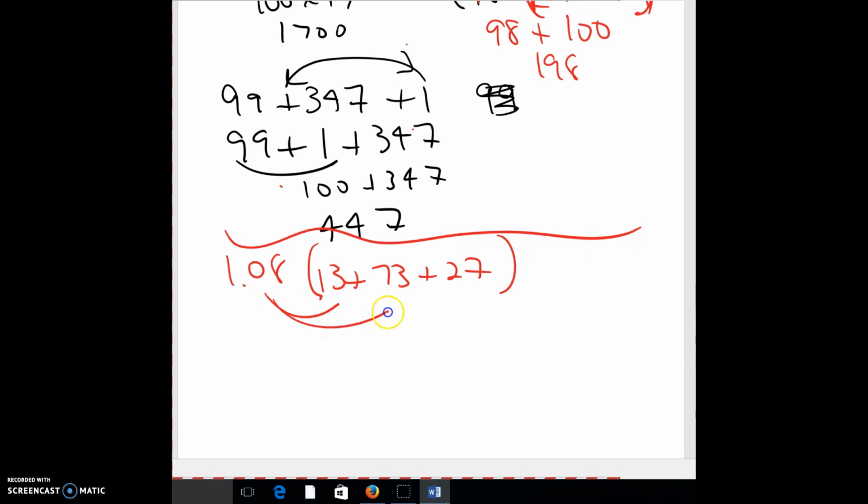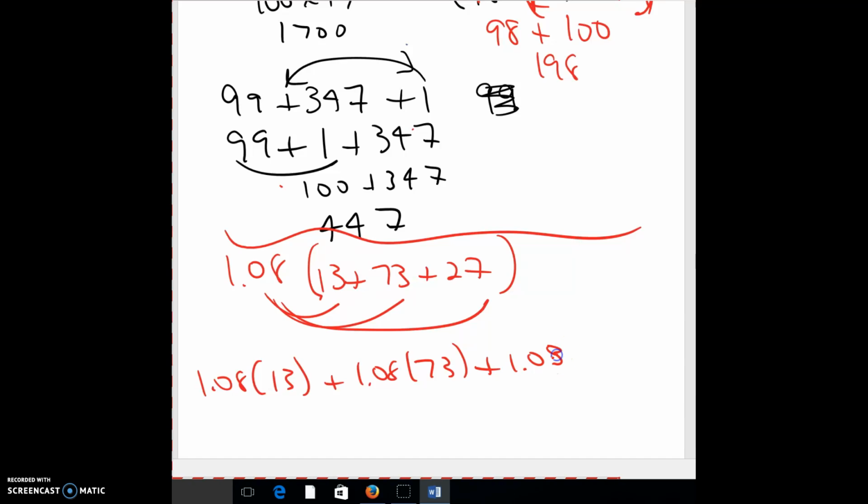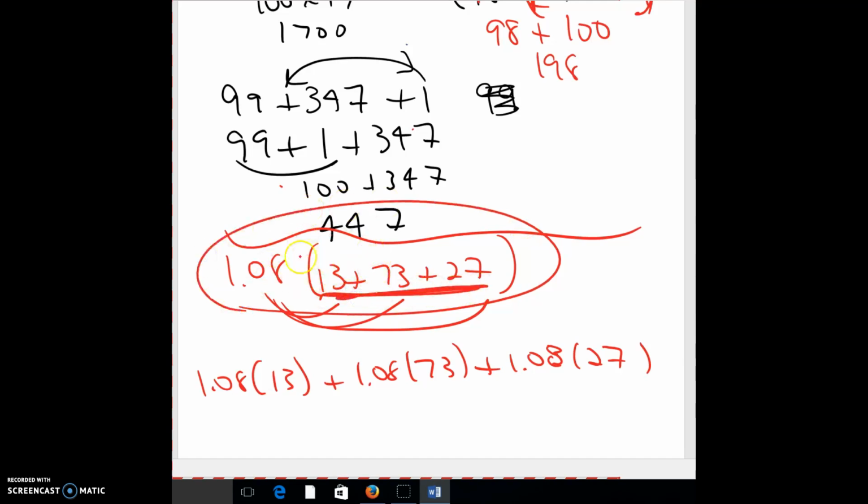Well, notice that would be distributing. So you do tax on that item, tax on that item, and tax on, oops, that's an 8, sorry, the last item. And if you do the math, if you get the total first and then do 108%, that would be your total bill. Or if you do tax with the price, tax with the price, and tax with the price, and add those up, you actually will get the same answer.